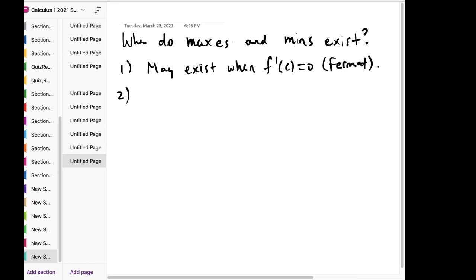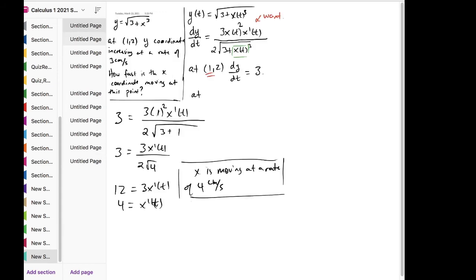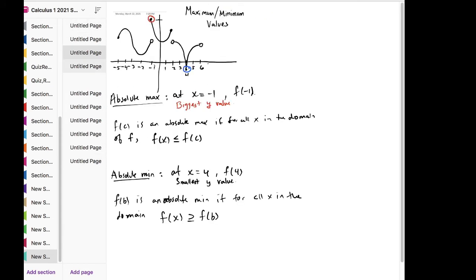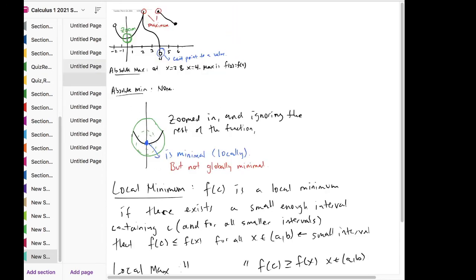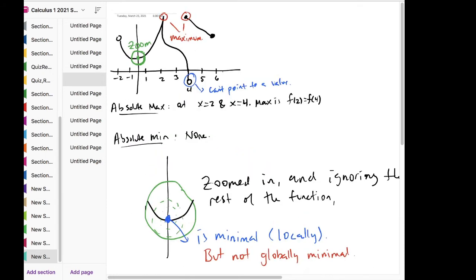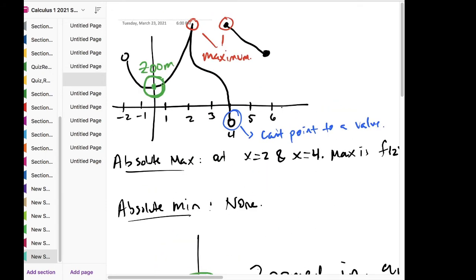So think about the other problems that we've done, or the other pictures. I mean, this one is a clear one. Is the derivative 0 here at this maximum point?